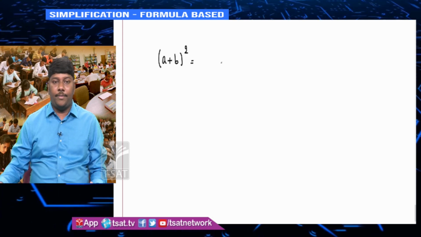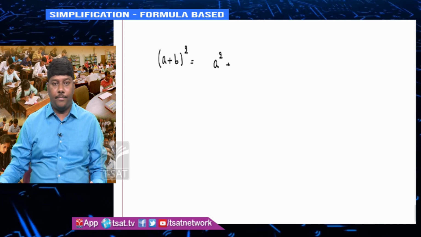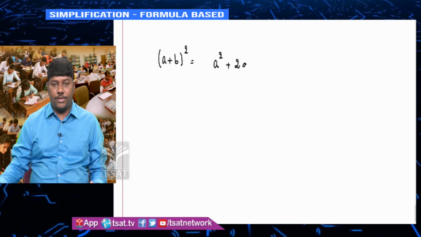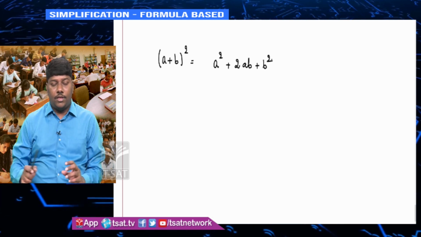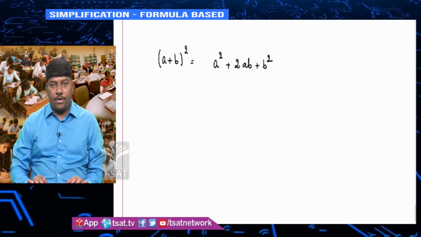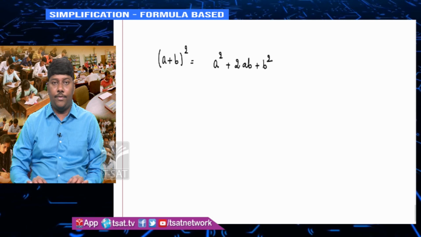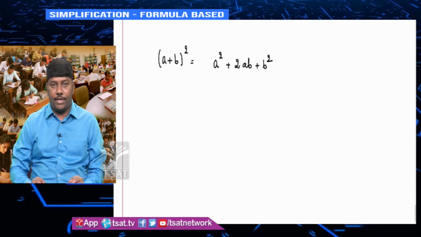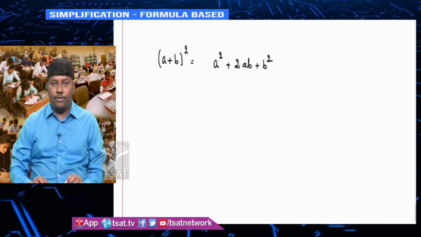See, we all know a plus b whole square is a square plus 2ab plus b square. This formula is very simple, but when they decide to give a difficult problem on this, even the simplest formula becomes difficult. Now look at how the application of this formula can be used in a problem.